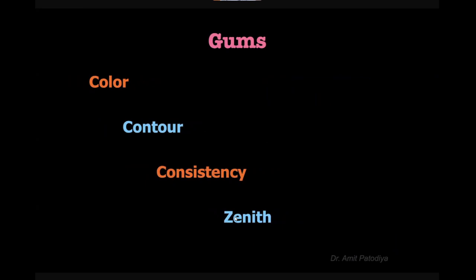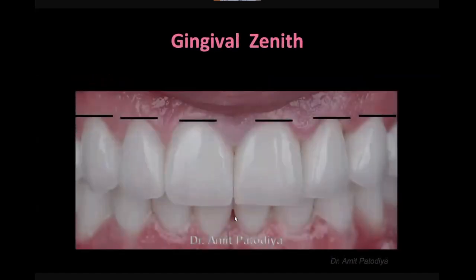Coming to gums. Now, in periodontics we have been taught that you have to see color, contour, consistency. But in aesthetic dentistry, there is one more thing called zenith, which you also have to look for. And what exactly is this zenith? It is nothing but the highest point of the cervical area. It marks the highest part of the tooth at its junction with the gingiva.